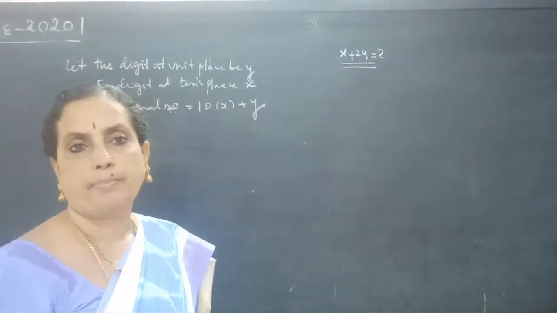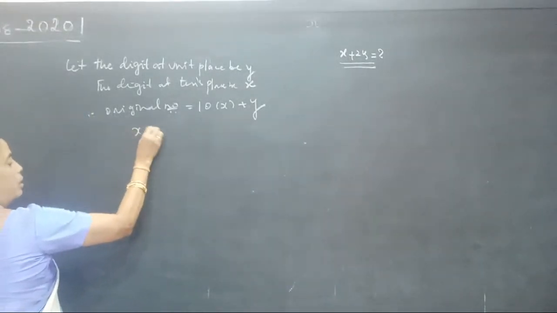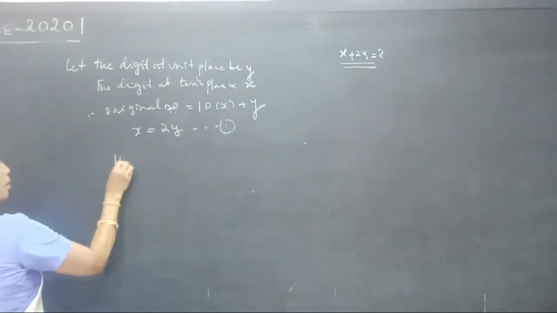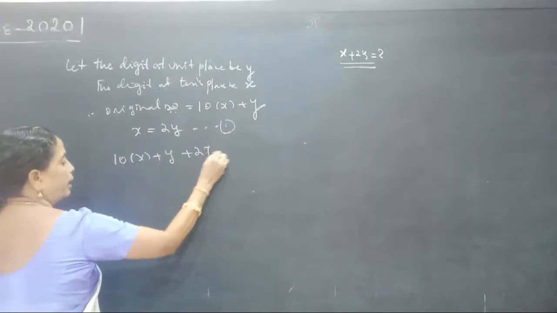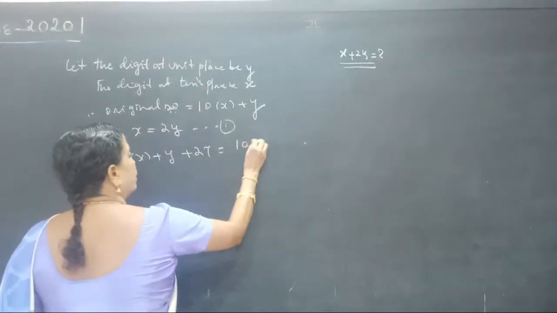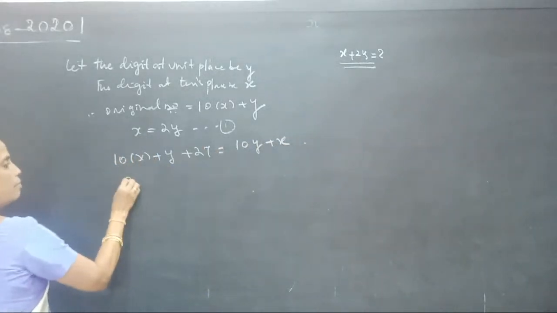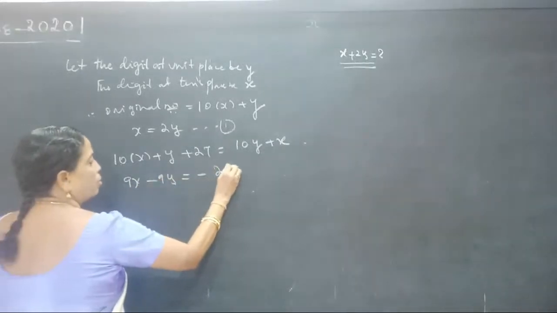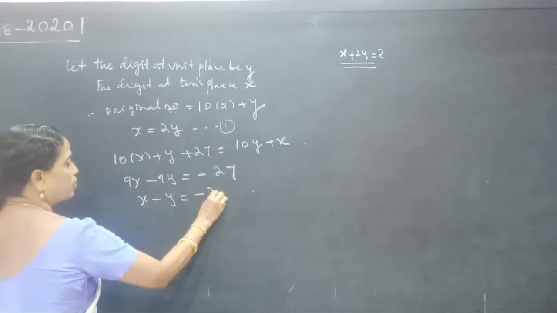Okay. First condition, y equals 2x. Second condition, to the original number, if 27 is added, the digits interchange their places. That means 10y plus x. Transferring, it becomes 9x minus 9y equals minus 27. x minus y equals minus 3.